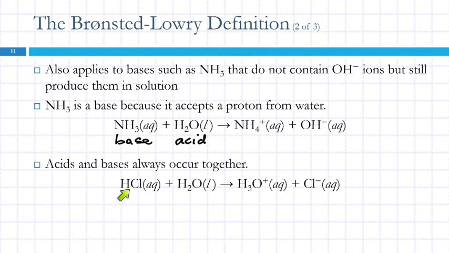Down here, when we put HCl in water, now what's the water doing? It's accepting the hydrogen ion. Well, the definition of something that accepts protons or hydrogen ions is a base. So here, water is acting as a base, and HCl is the acid.